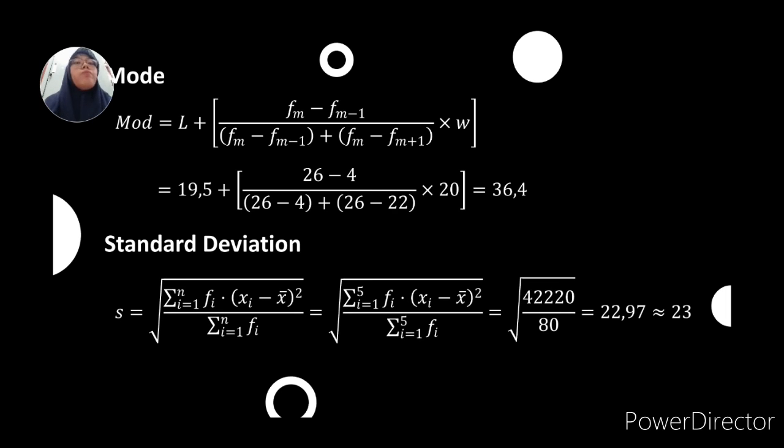W is the group weight. Equals 19.5 plus 26 minus 4 over 26 minus 4 in the parentheses plus 26 minus 22 in the parentheses, times 20 in the brackets, equals 36.4.